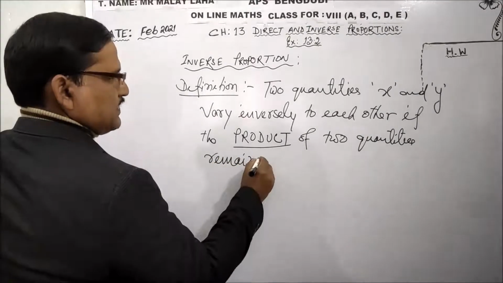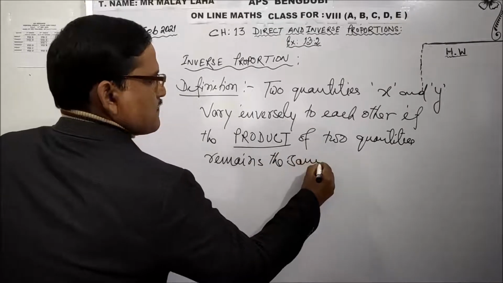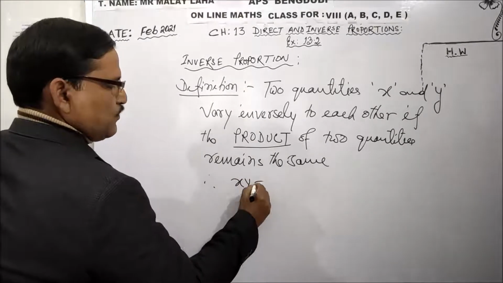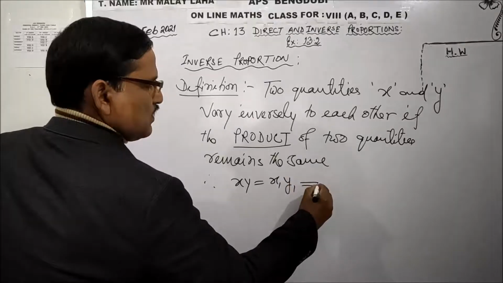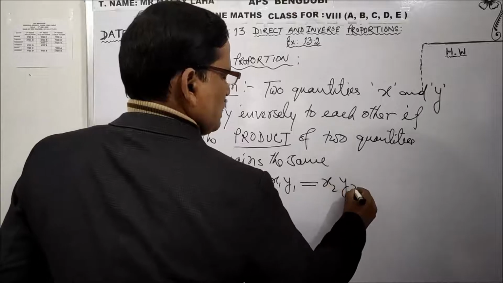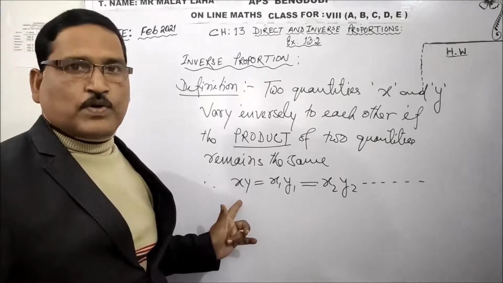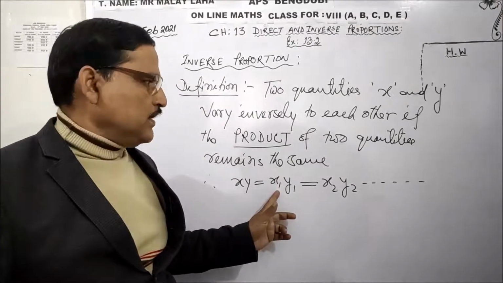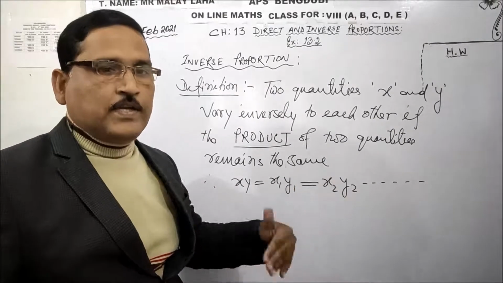That means x into y should equal the next situation x1 into y1, which equals x2 into y2. In the first situation, the product of x and y will be the same as the second situation, and the same as the third situation. In that way it will proceed.